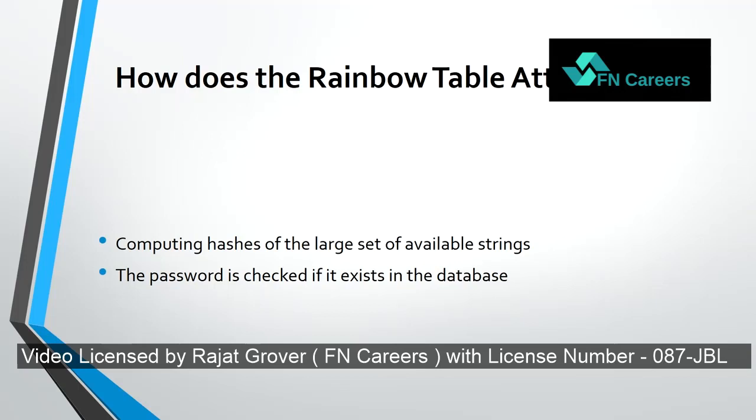Unlike a brute force attack, which works by calculating the hash function of every string present, calculating their hash values and then comparing them with the one in the computer at every step, the rainbow table attack eliminates this need by already computing hashes of a really large set of available strings. That's why you will need a really large amount of storage to store the rainbow tables.